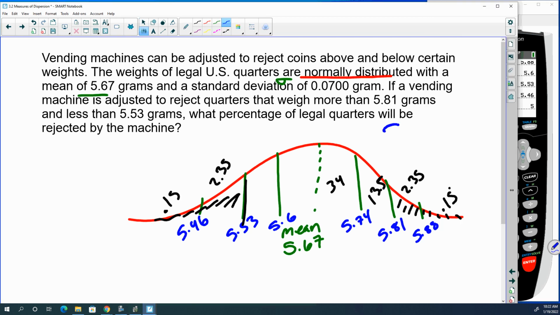Another way I could have done that is I could say, I know all of this has to add up to 100%. So I know 2 standard deviations below and 2 standard deviations above, this section that they don't care about, is taking up 95%. So I could do 100, the whole thing, minus this 95% middle section that I didn't want, and then I'm left with the 5%.